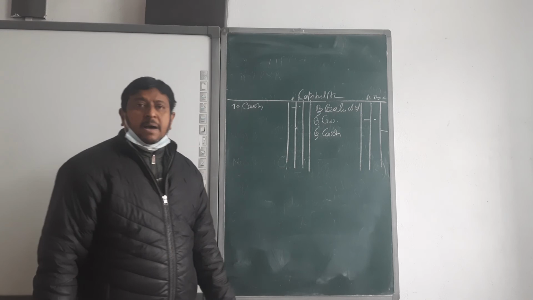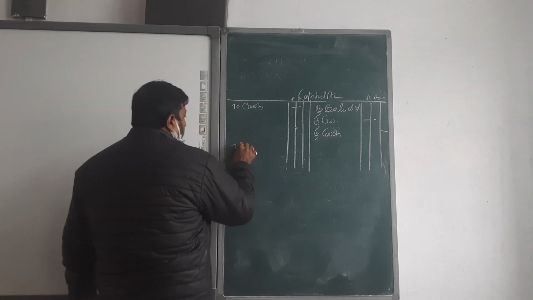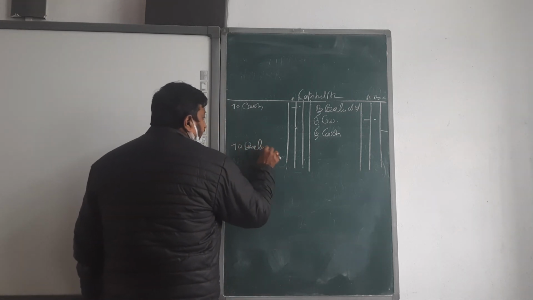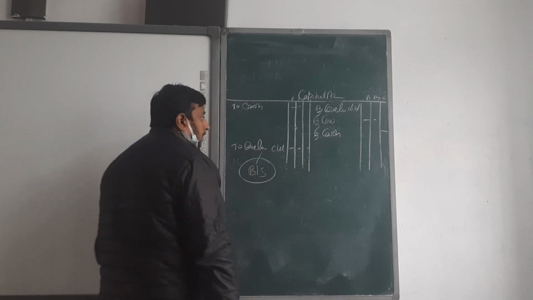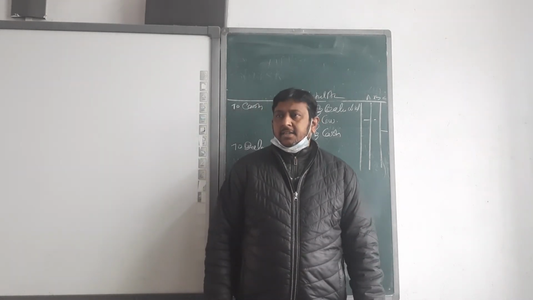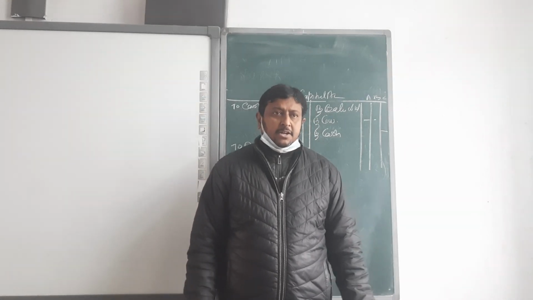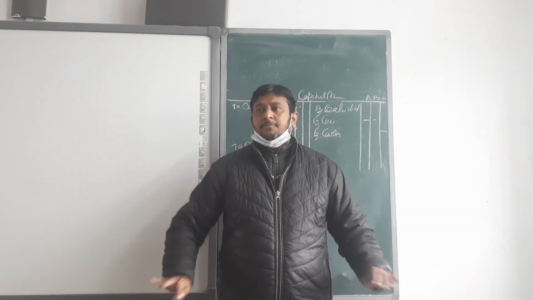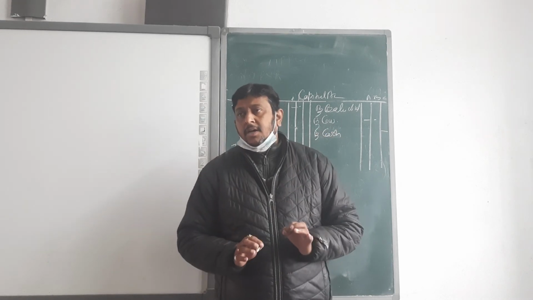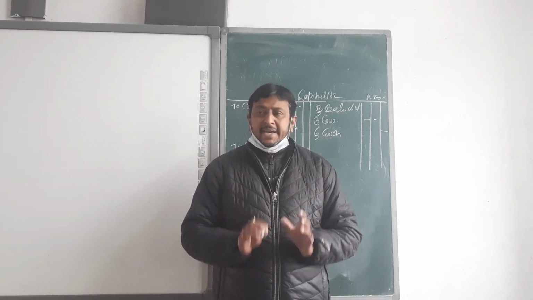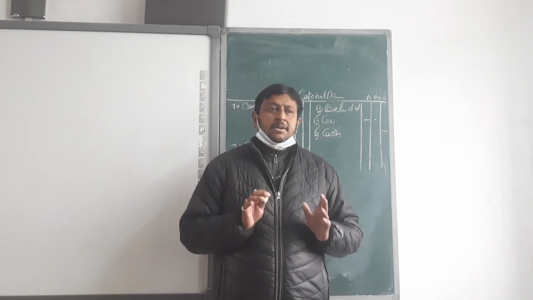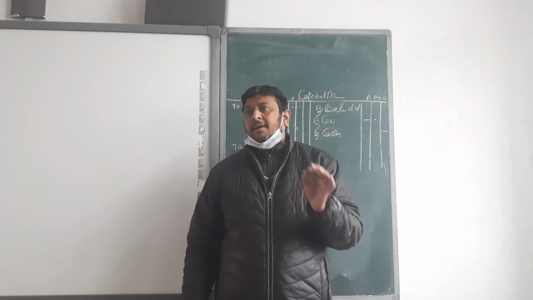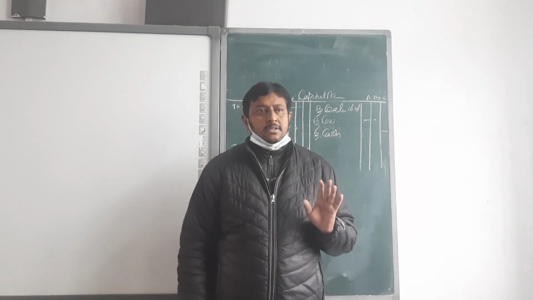Then balance it, and these all will be transferred where? To the balance sheet. I think we will learn how to make the balance sheet. This is the full system in which we make all the accounting treatment at the time of admission of a new partner. Clear?